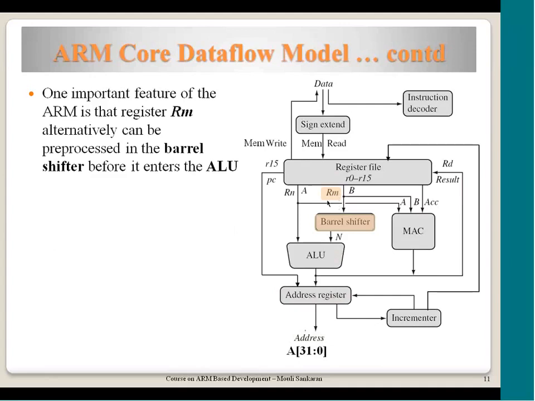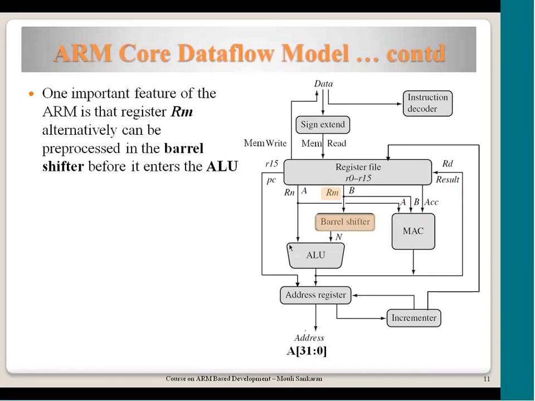There is nothing special about it, but RM is the operand which goes through the barrel shifter. So within the cycle, whatever the content of a particular register gets shifted or rotated or some logical operation is performed using this barrel shifter, and the output of that is fed to the ALU.